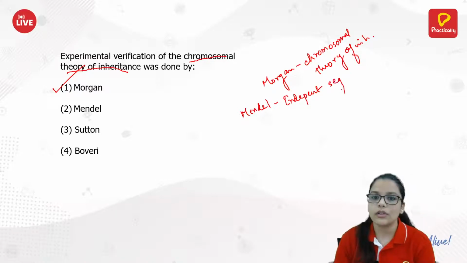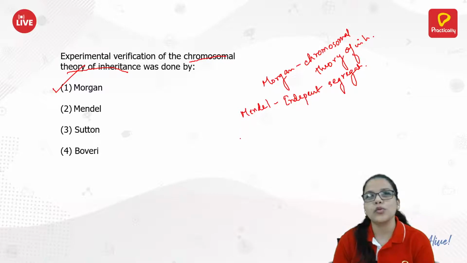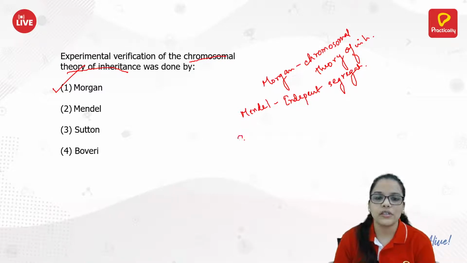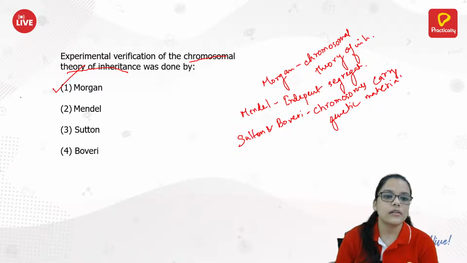Sutton and Boveri just gave that chromosomes are a part of genetic material. They proved that chromosomes carry genetic material. Okay, so the answer is Morgan.